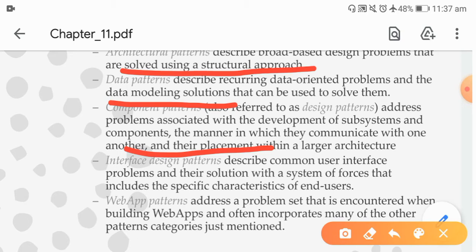Now next one is the interface design patterns. It describes common user interface problems and their solutions, with a system of forces that include the specific characteristics of the end user. These are the common user interface problems, that is, the interface design. We can say that you need to have your ATM card for doing all this. Now if you take the example of YONO SBI, there is no need; you can do cardless payment.